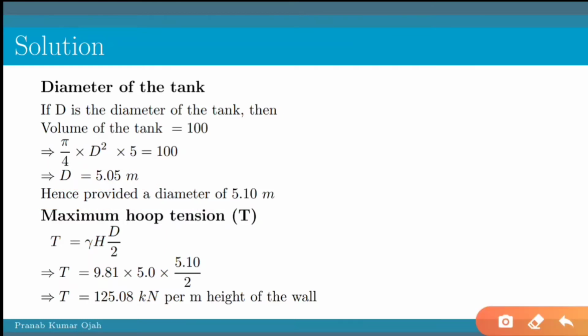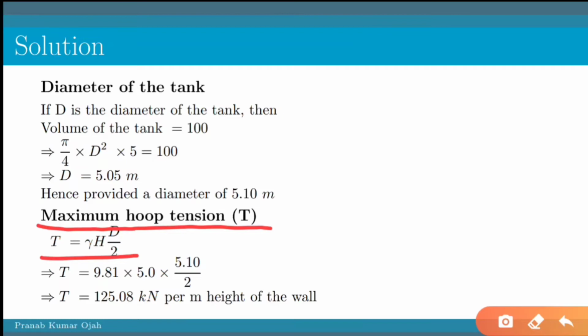Next, the maximum hoop tension is to be calculated, which is denoted by capital T. So the expression for the hoop tension is T equal to gamma into H into D by 2. This is the expression for hoop tension.